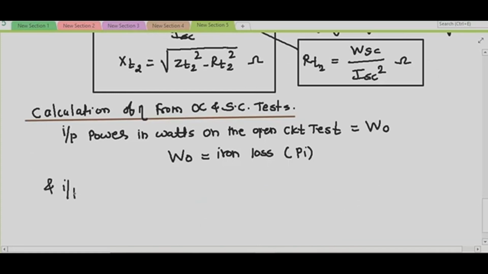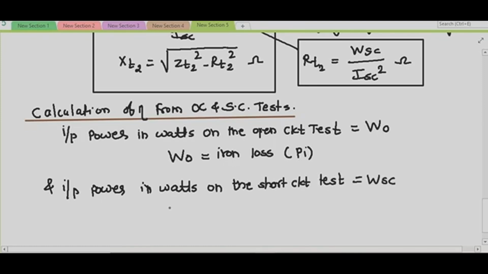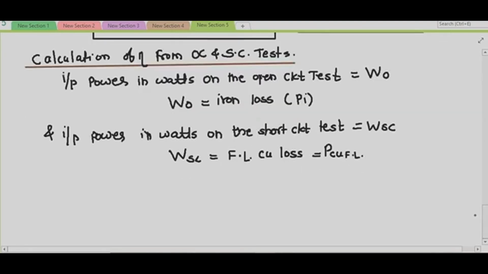And input power in watts on the short circuit test will be equal to WSC, and that WSC we have taken as the full load copper loss, which is called PCU full load.